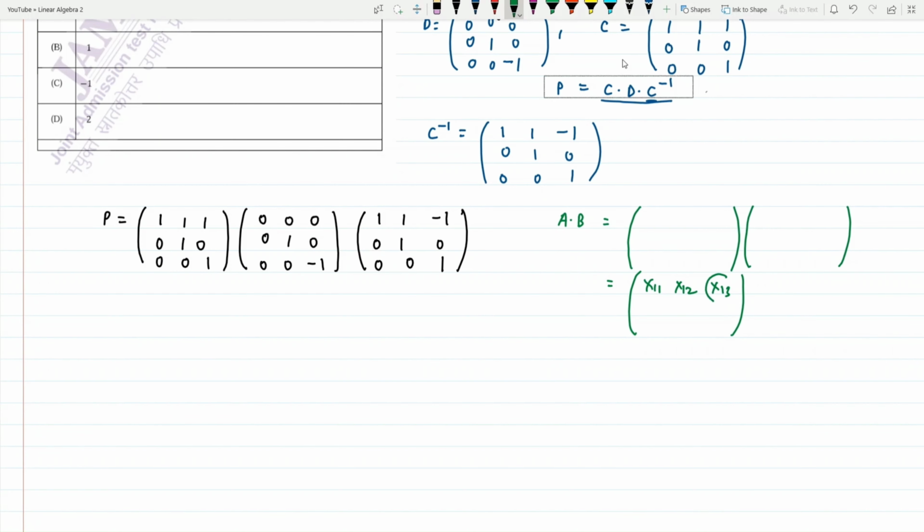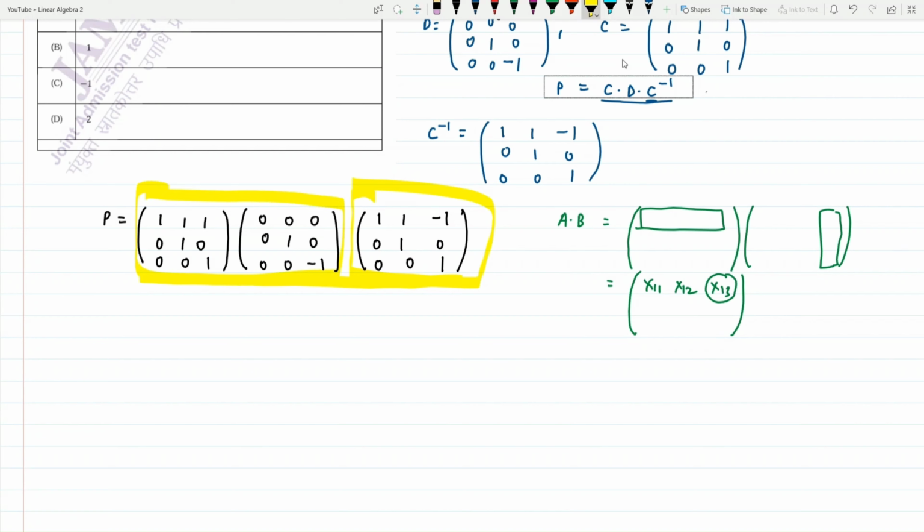The entry x13 is obtained by taking the first row of your matrix A and the third column of your matrix B, and multiplying them using the matrix multiplication rule. So we see that we do not have to multiply the entire matrix. Now in our case, we are having 3 matrices. So first, this is, let's say, our B, and the product of these two matrices is going to give us A.